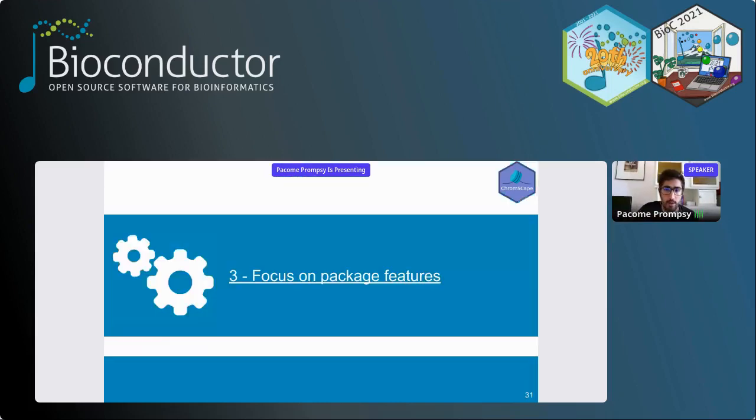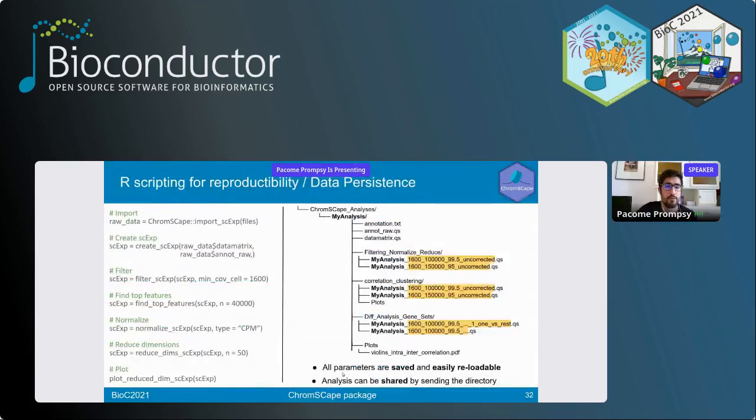And now I would like to give you three other package features that weren't mentioned in the application. The first two are just to say that you can use ChromSCape by scripting, and this is basically for reproducibility and to also run multiple analyses in parallel on your high performance computing cluster, for instance.